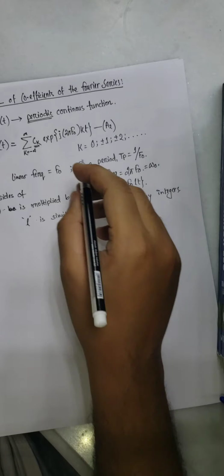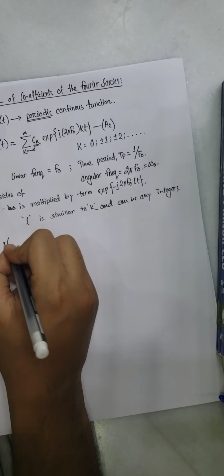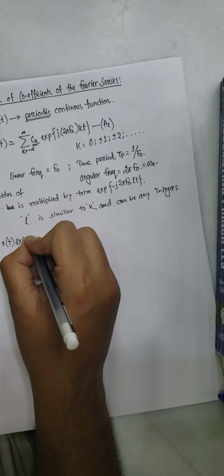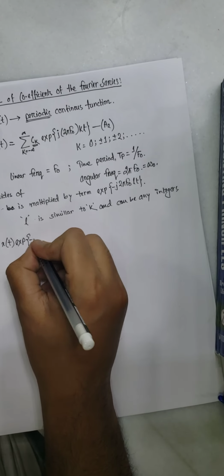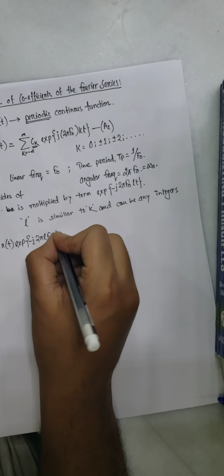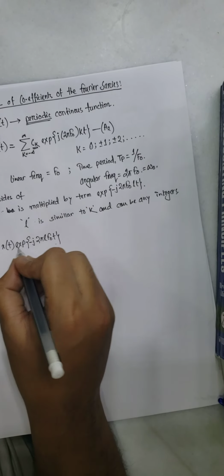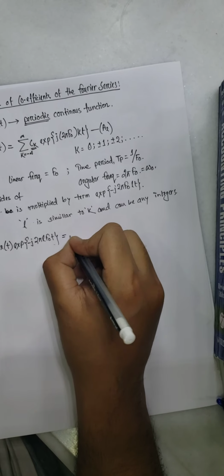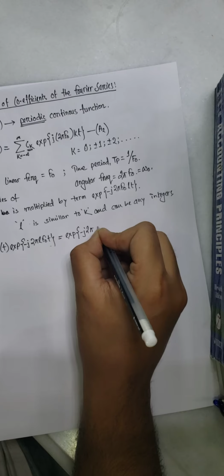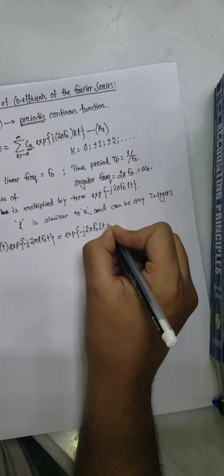Hence, the expression of A2 will become x of t e to the power minus j 2 pi L f naught t. Remember, we are multiplying both sides by this term, e to the power minus j 2 pi f naught L t.